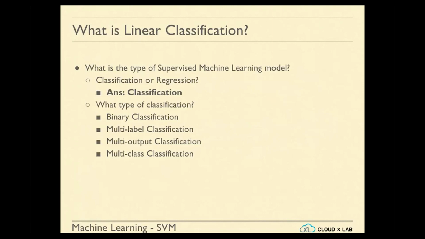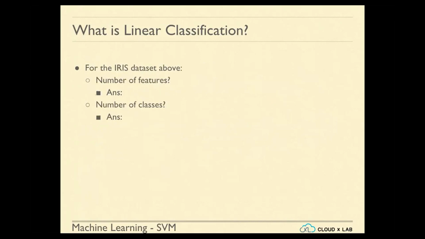And for the iris dataset, the example we are taking right now, how many features are we taking? Two. And the number of classes, three. That's perfect, thank you. So we are taking two features and three classes: versicolor, setosa, and virginica.